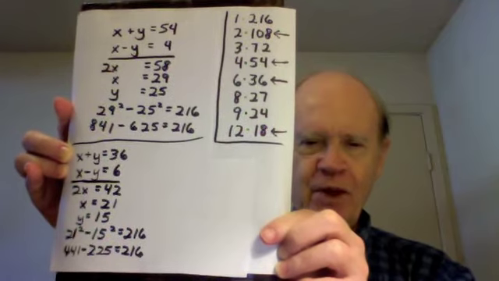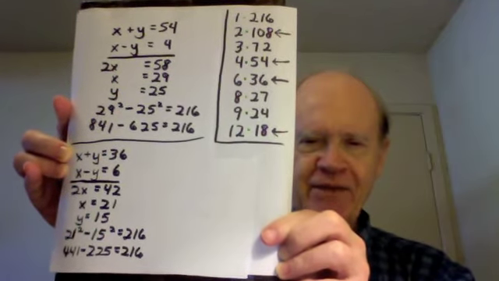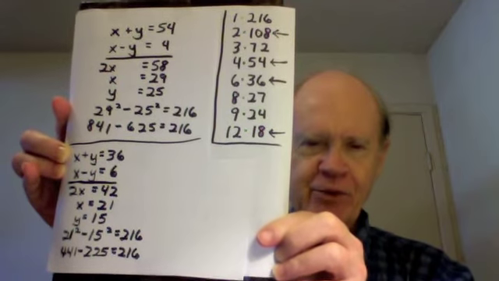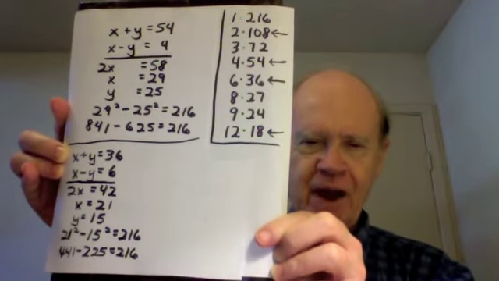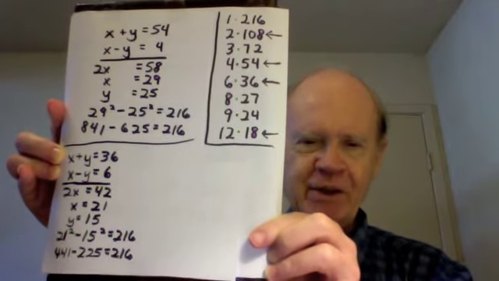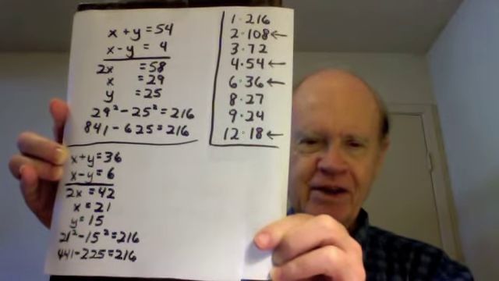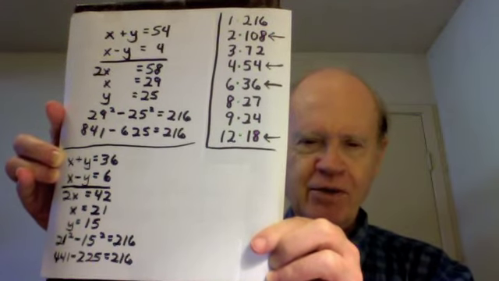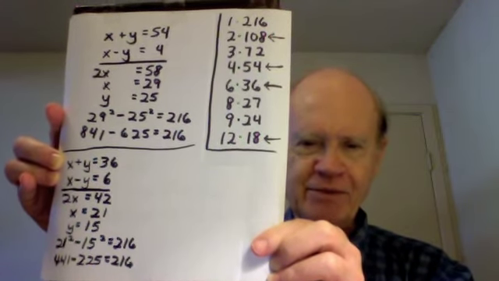And so 21 squared minus 15 squared equals 216. That's true. 441 minus 225 equals 216. So in this solution, the larger army has 441 members, the smaller 225 members.